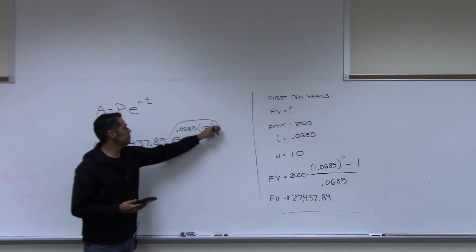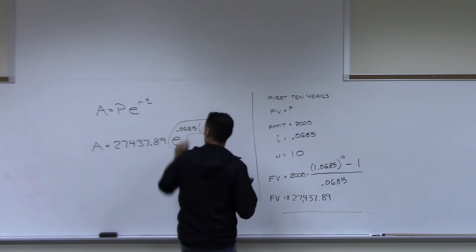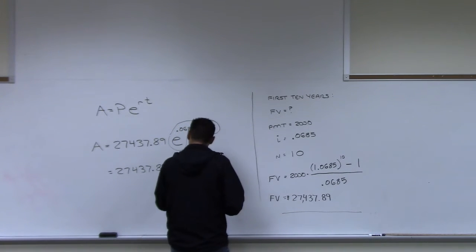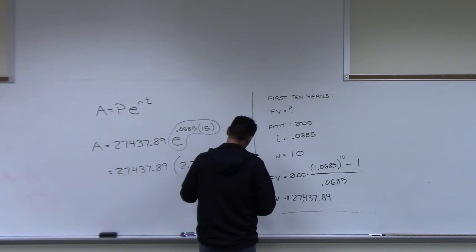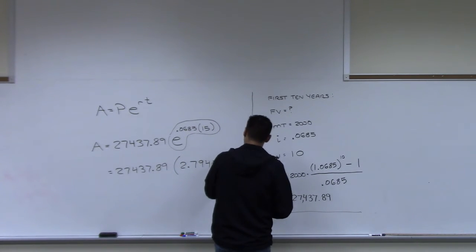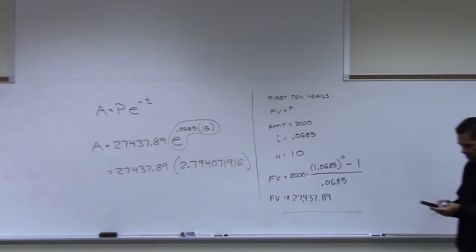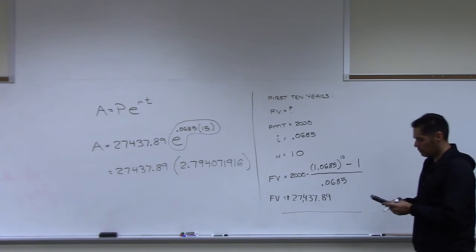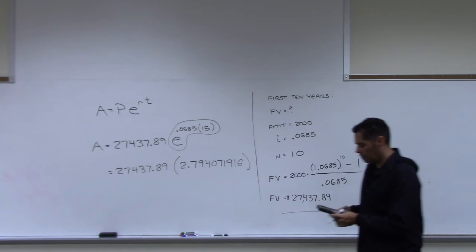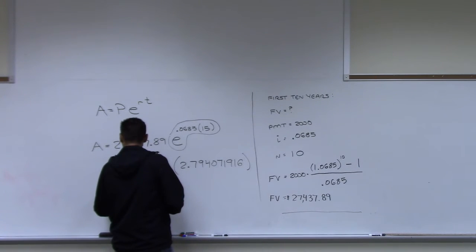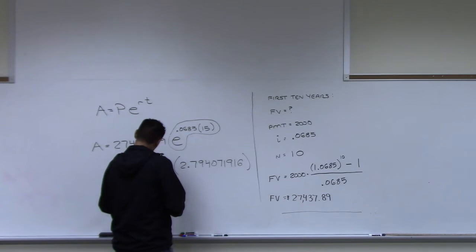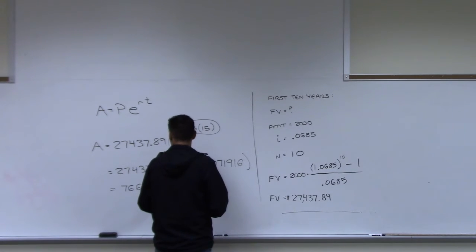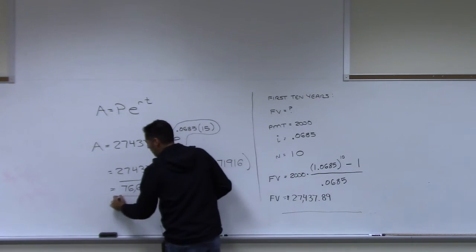When you do this part, you should get 2.7940711916, and I multiply that by 27,437.89. I'm getting somewhere around 76,663.44. Anyone else get that?